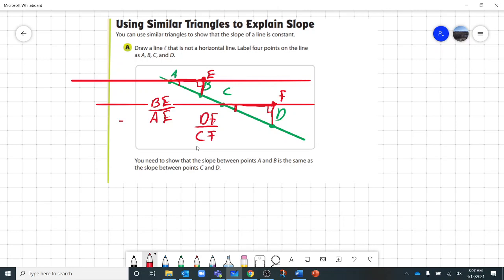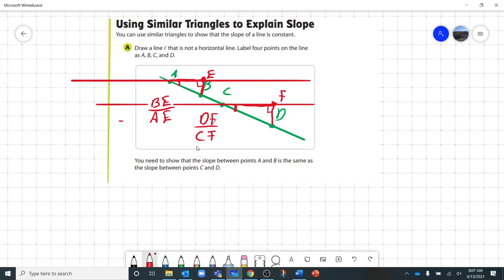BEA and DFC are right angles and are congruent. By angle similarity, triangles ABE and CDF are similar triangles. Use the fact that the lengths of corresponding sides of similar triangles are proportional to complete the following ratios.